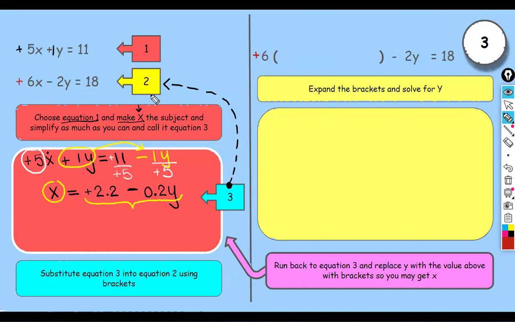So I write back the 6, and look, Mr. X here, he's not getting away. We're going to pelt him away and replace him with this. But I'm going to make sure and do it in what? Brackets. Positive 2.2 minus 0.2y. And I write back the rest of the equation as normal.